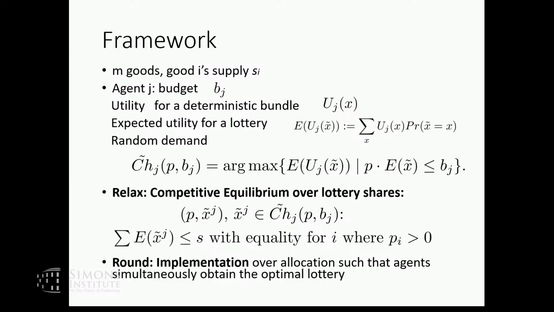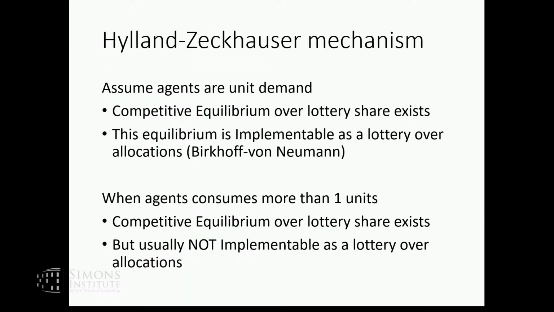So now I have a competitive equilibrium over the lotteries. I need to implement it somehow. The implementation says that this is implementable if I can give you a lottery over feasible allocations, such that every agent gets their optimal bundle, their optimal lottery. So this is really just a generalization of the framework of Hylland and Zeckhauser for unit demand.